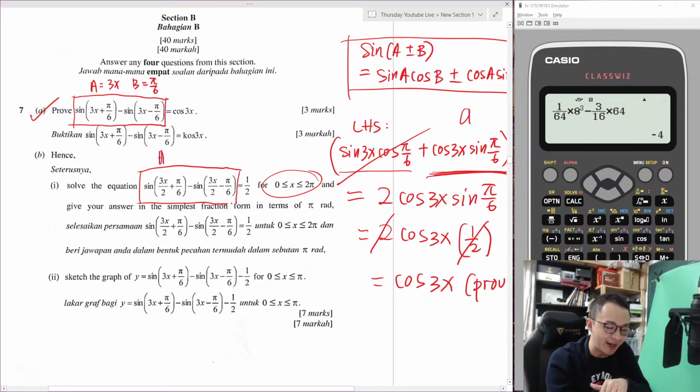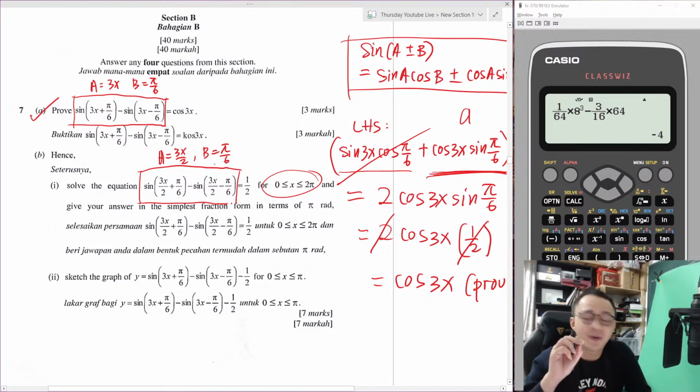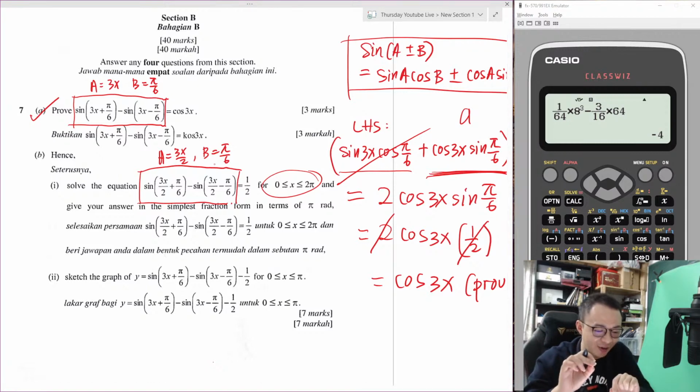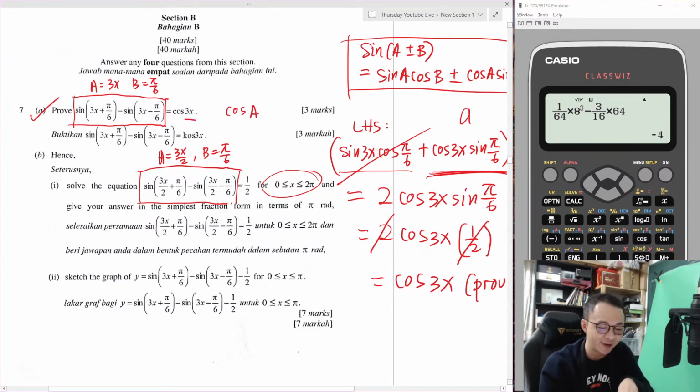But over here, my a is 3x over 2. My b is pi over 6. So if you manage to spot the difference here, then you roughly can guess what is the equation. Because until the end, you actually get cos a. So therefore, if my a value here change, then I will get cos a. My a is 3x over 2. So the whole thing, if you simplify it, you will get cos 3x over 2 equals to 1 over 2.